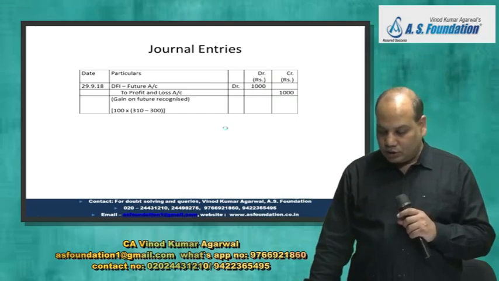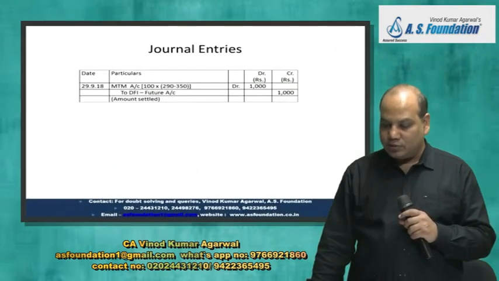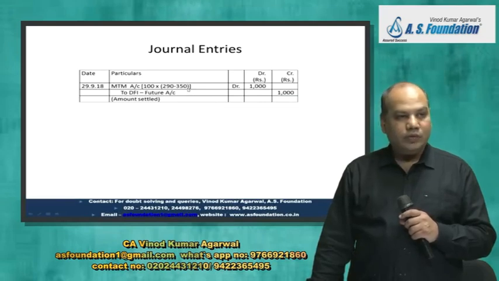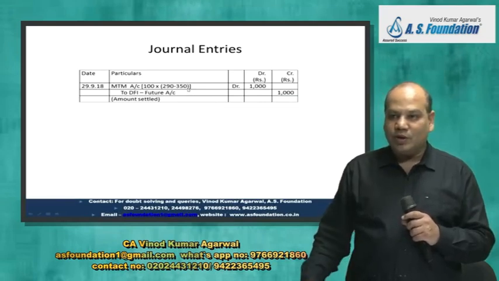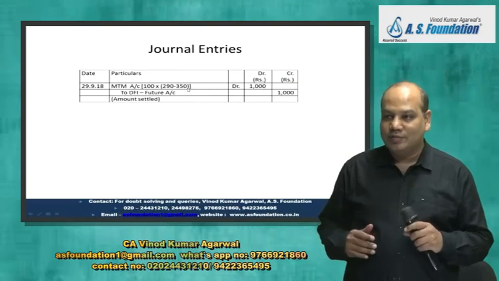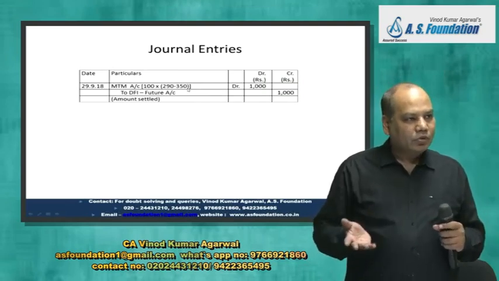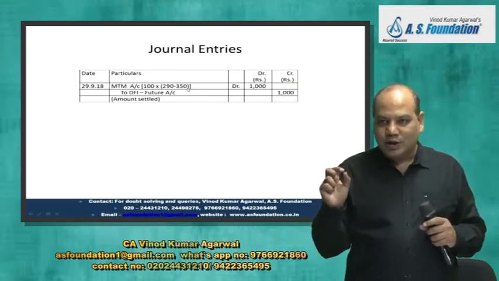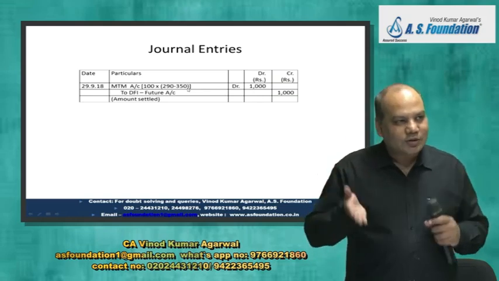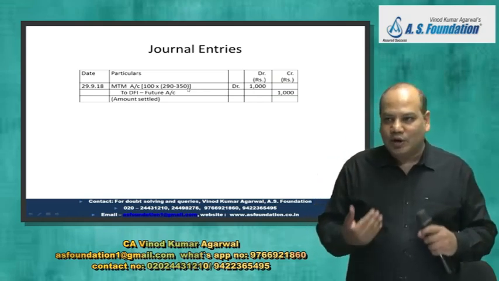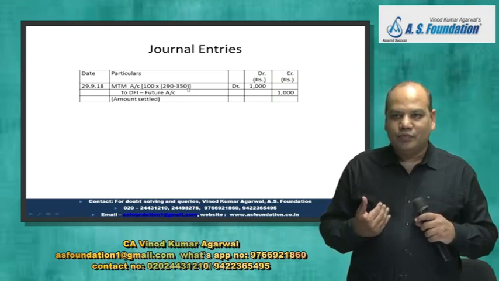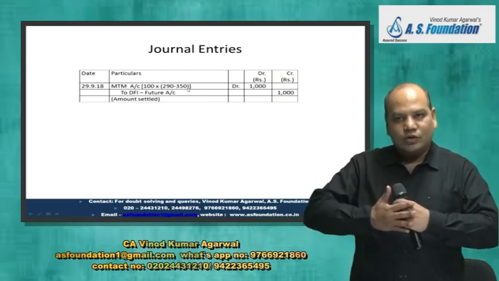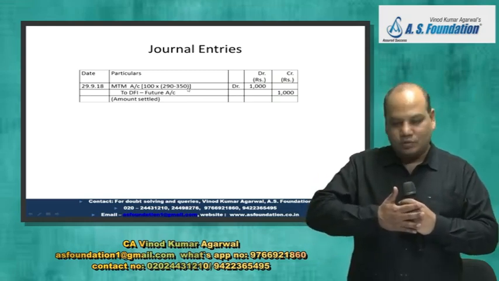And now, have you written the entry? Now that 1000 rupees I should receive because I am gainer, but I have already received it. I have that M to M account 1000 credit balance. That is the difference. I have already received. So I will now cancel these two accounts, knock off these two accounts.